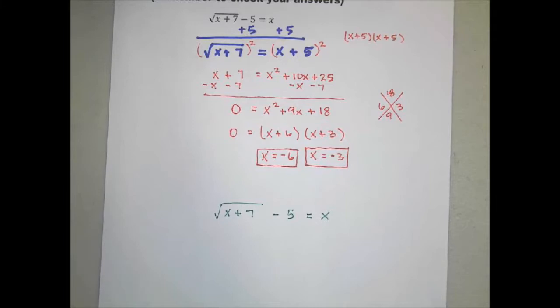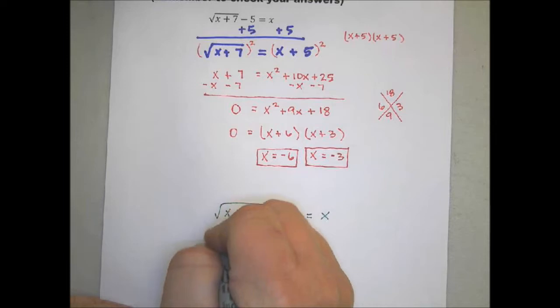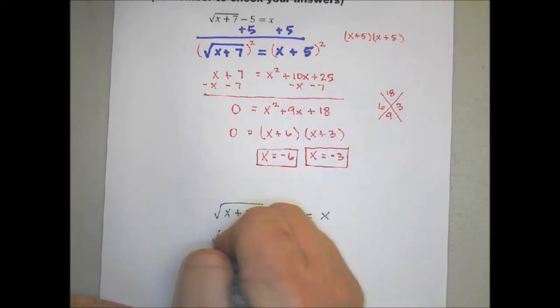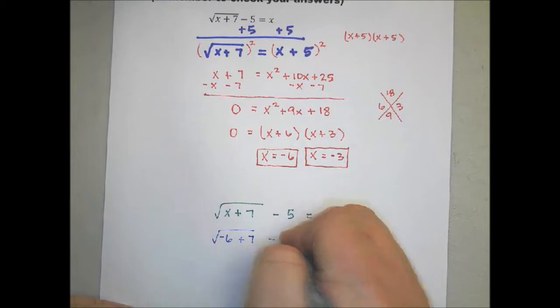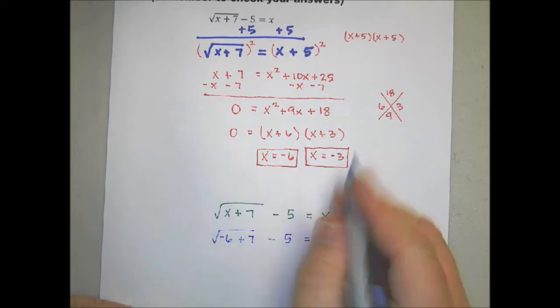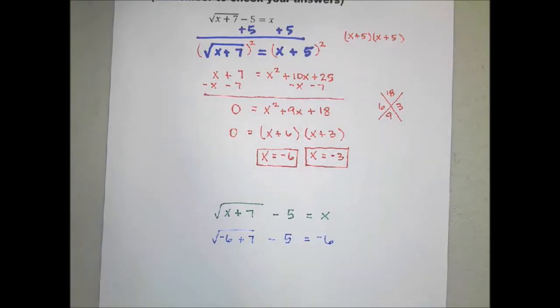And I'm going to plug in negative 6 first. The square root of negative 6 plus 7 minus 5 equals negative 6. So I'm plugging negative 6 in for x to see if this actually works out.